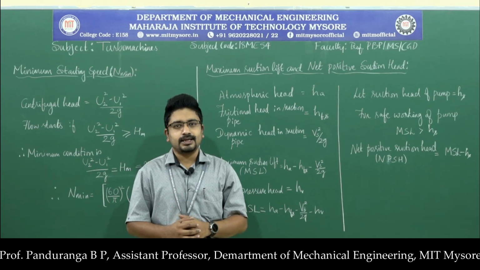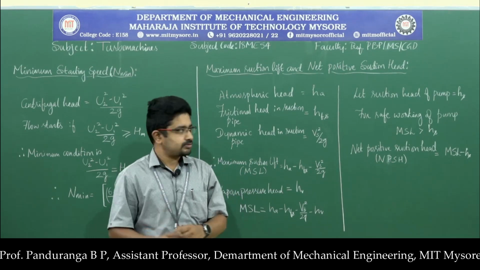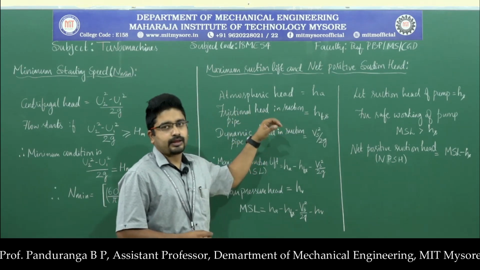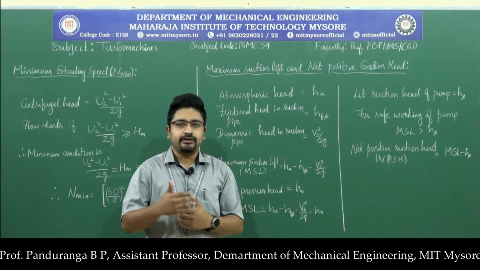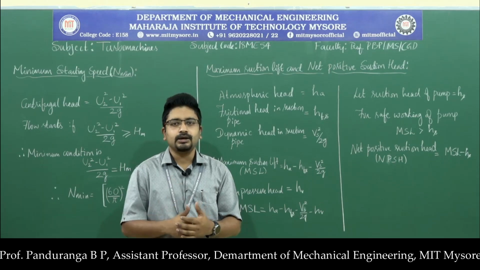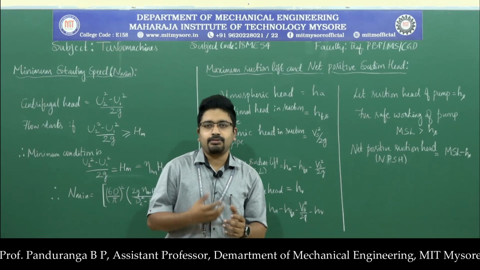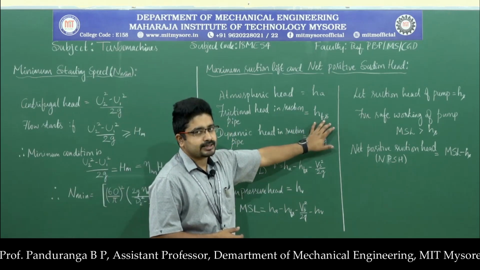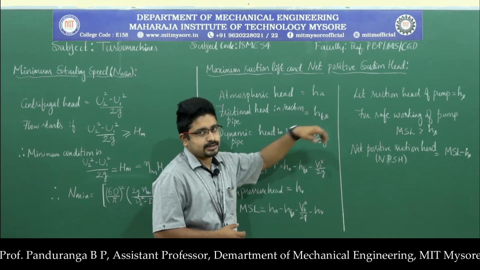In real cases, there are so many factors which lead to losses. The first one is the friction head in the suction pipe. There will be fluid friction, and there will be friction between the inner surface of the suction pipe and the fluid. Because of those two reasons, there will be loss of some head. I will call it HFS, that is head loss due to friction on the suction side.